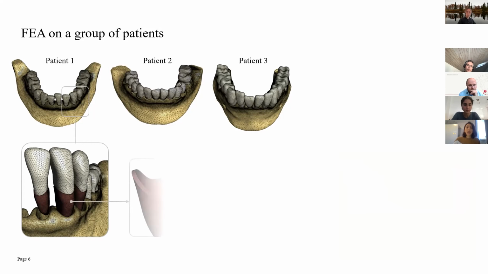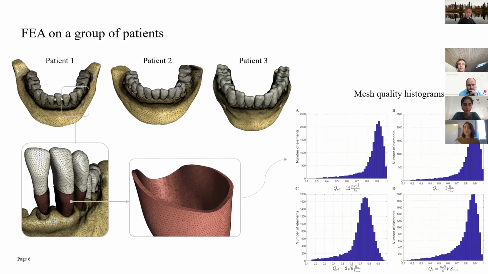This layer acts like a shock absorber and plays an important role in exerting the applied load and also the stress into the bone, which causes the bone remodeling process, and as a result, the tooth moves inside the bone.